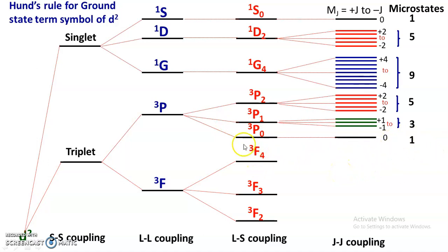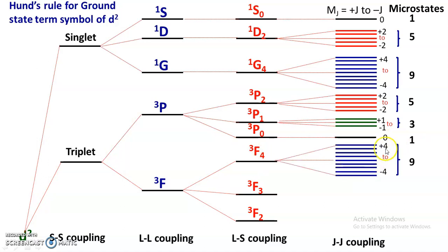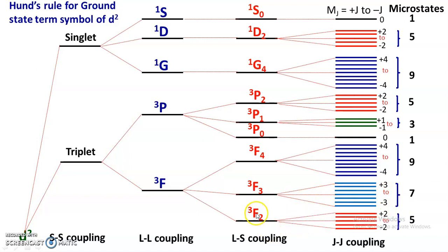For 3F4, 9 values are possible, plus 4 to minus 4. For 3F3, 7 values are possible, that is from plus 3 to minus 3 through 0, that is plus 3, plus 2, plus 1, 0, minus 1, minus 2, minus 3. 7 mj values or microstates are possible, and for 3F2 again 5 mj values or microstates are possible.